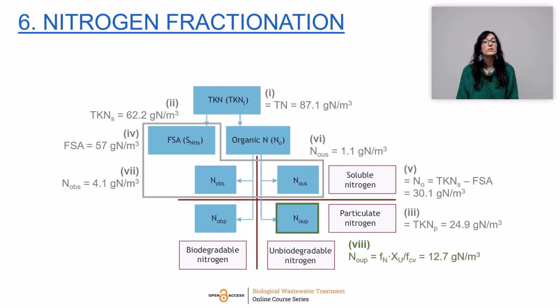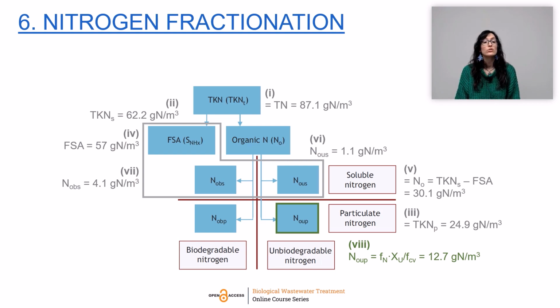At this point, we only have the particulate fractions left to calculate, and we can start by calculating the particulate and unbiodegradable nitrogen by taking into account the nitrogen fraction of the particulate and unbiodegradable COD, or FN, and this information has been given in the example.